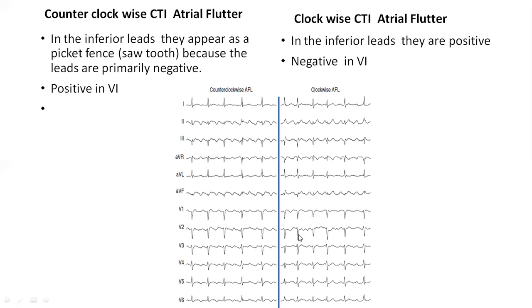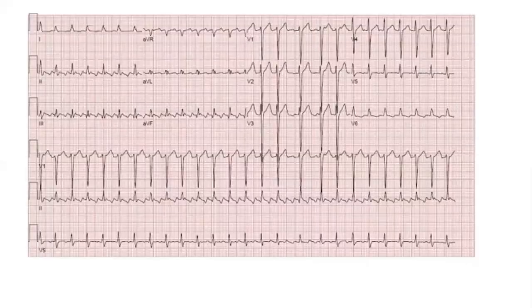And this is a classic clockwise, where you have positive P in the inferior leads and negative in V1, right? This patient has not been on medications, which is why you see a classic flutter. When patients are on medications, the appearance of the classic flutter changes completely and you cannot diagnose flutter. You just say this is an atrial tachycardia coming from the right or the left side.